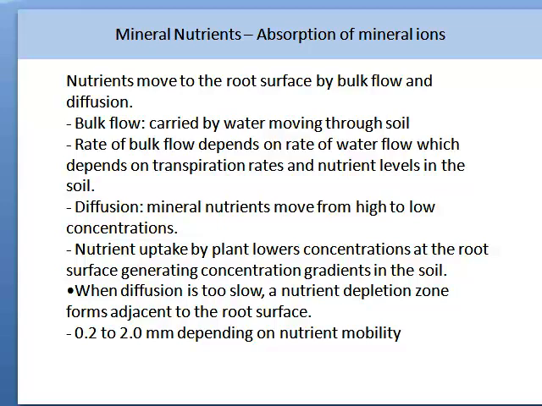Nutrient uptake by the plant lowers concentrations at the root surface, generating concentration gradients in the soil. When diffusion is too slow, a nutrient depletion zone forms adjacent to the root surface, approximately 0.2 to 2 millimeters, depending on nutrient mobility.